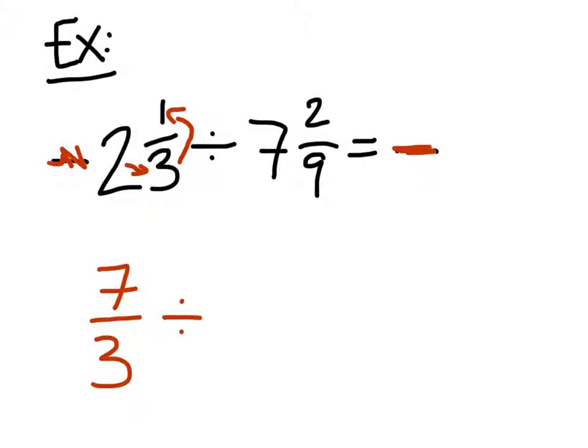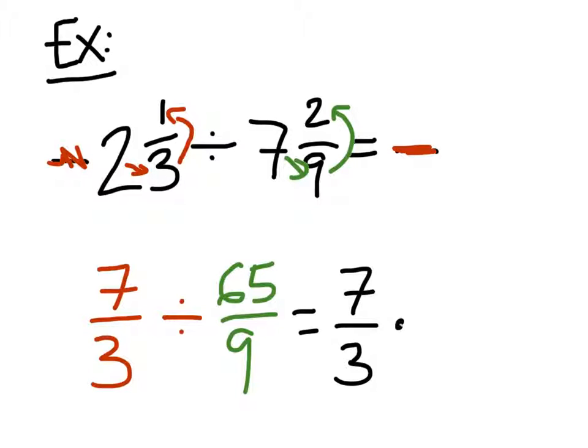This is divided by 7 times 9, 63 plus 2, 65/9. Well, we can't divide fractions, so let's keep that 7/3 the way it is. Multiply by the reciprocal, 9 over 65.